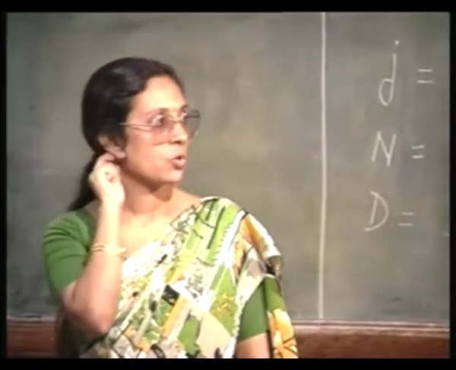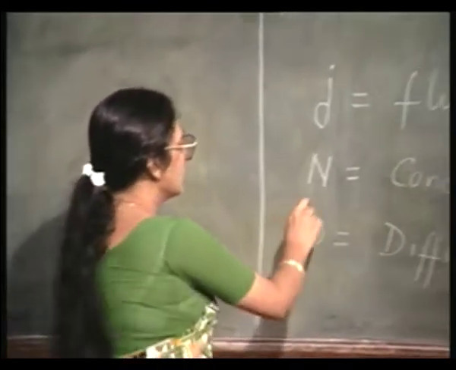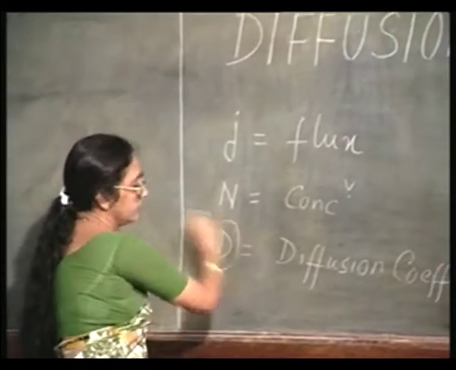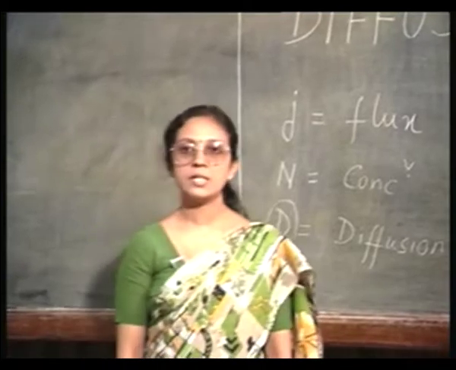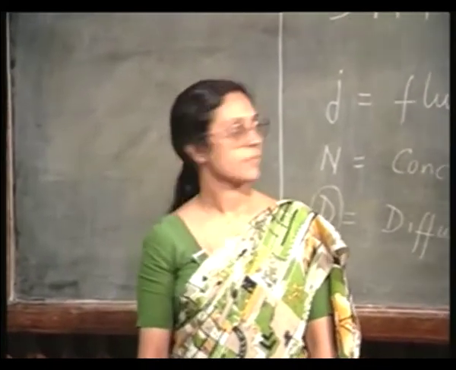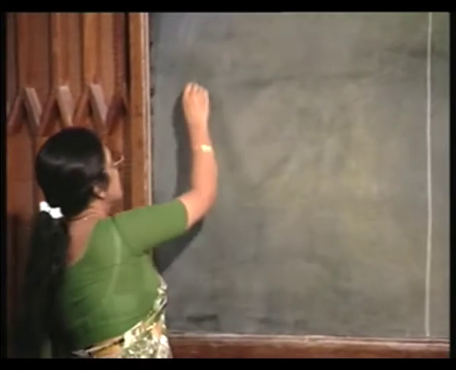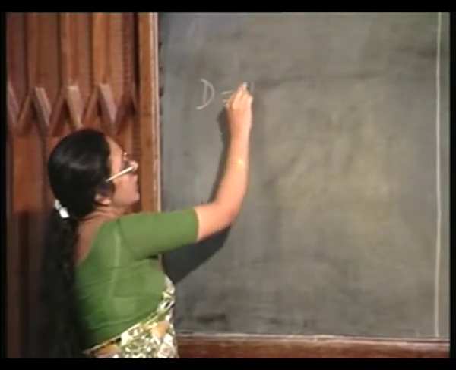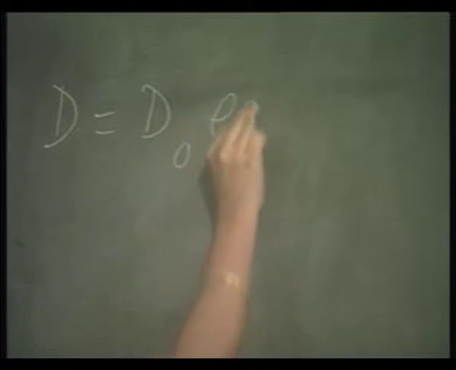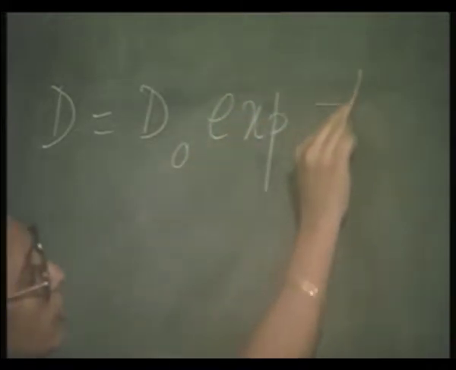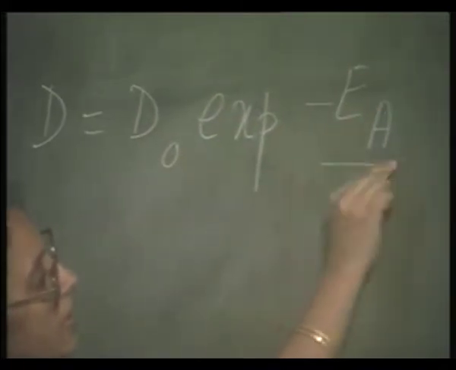Now, what actually is this D? D is the diffusion coefficient, and I may have already mentioned this, that D is given usually by D0 exponential minus EA by kT.